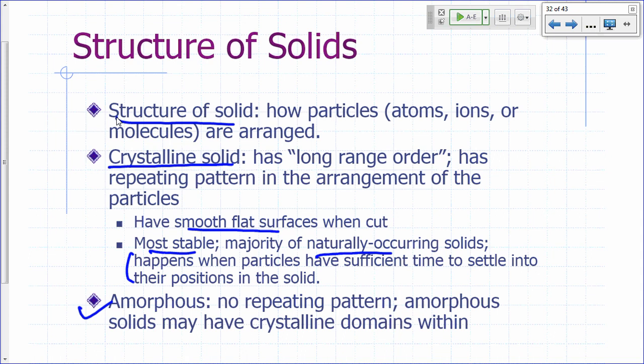This is usually what you get if these particles don't get enough time to settle into the most stable position. So there's no repeating pattern. Although within an amorphous solid, you might have regions that you might consider crystalline. So you can have crystalline domains within an amorphous solid.